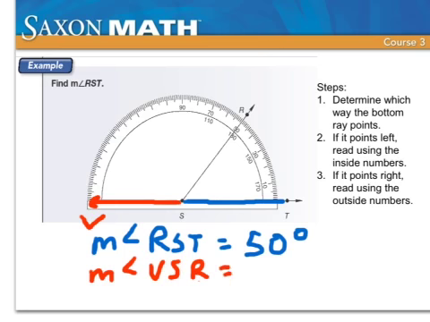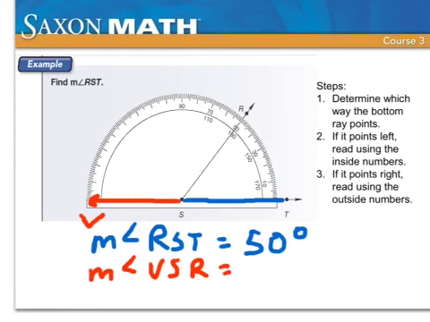Well, now the bottom ray points to the left. So now we need to read the inside numbers. So I'm going to go all the way around here from the left. So I go from the bottom ray, go all the way around, and see where it crosses. And now I'm going to read the inside number. This time the inside number says 130.